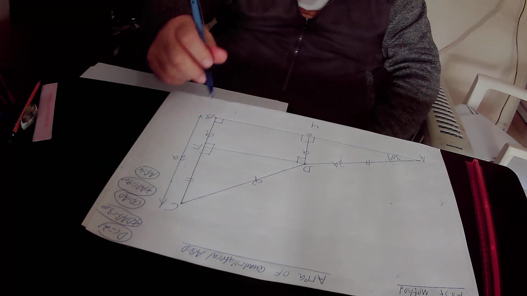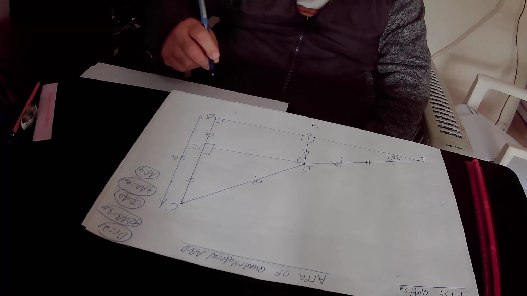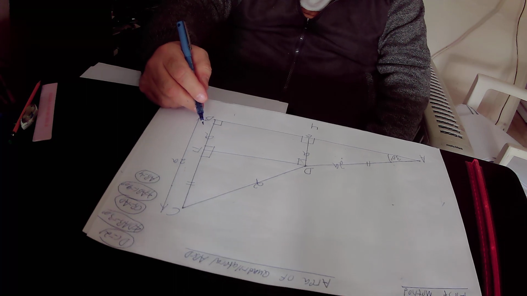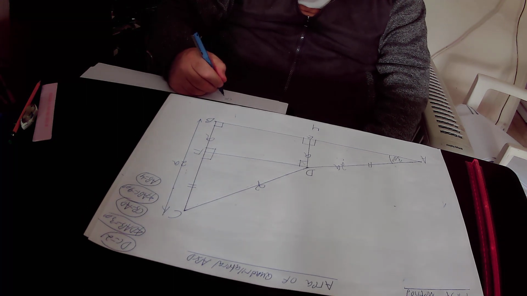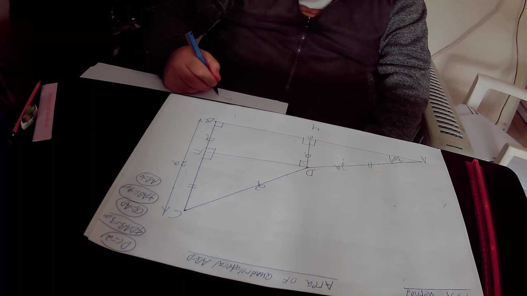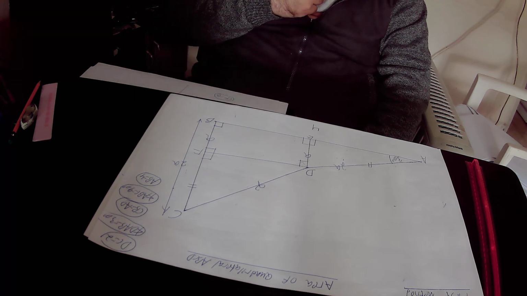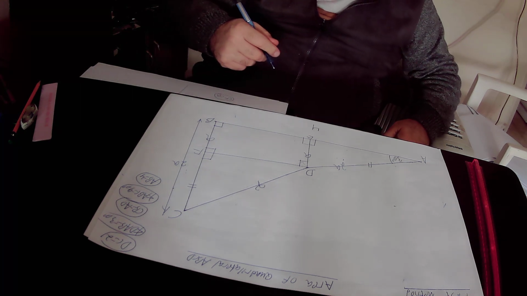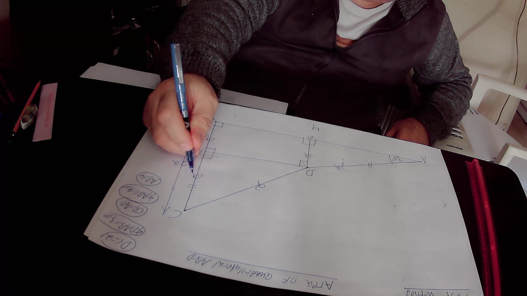And CB equals 2A, FB equals A. So CF equals 2A minus A. That is to say it equals A. So we found out that CF equals A.